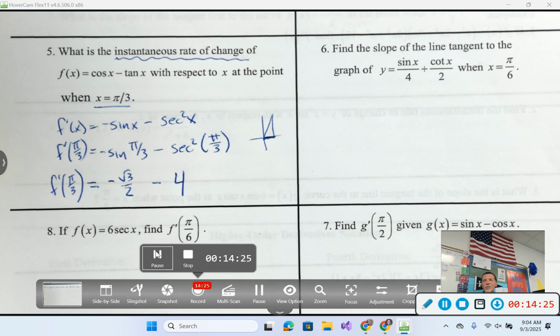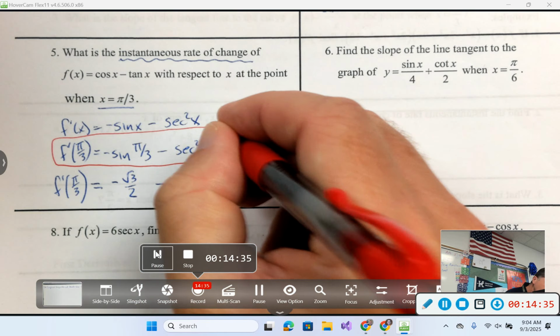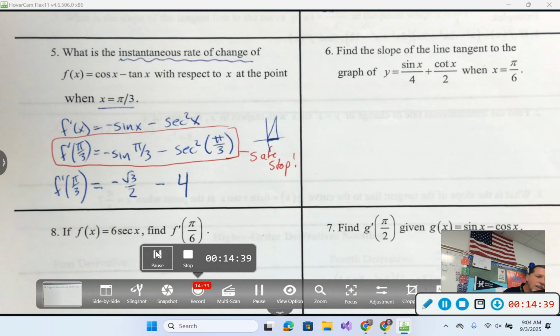I have really good news for you. Well, 2 pieces of good news. This doesn't happen a lot on the free response section, but if it does, this is considered a safe stop, because it's calculator ready and it's not calculus. So on a free response question, you don't really have to know the unit circle.